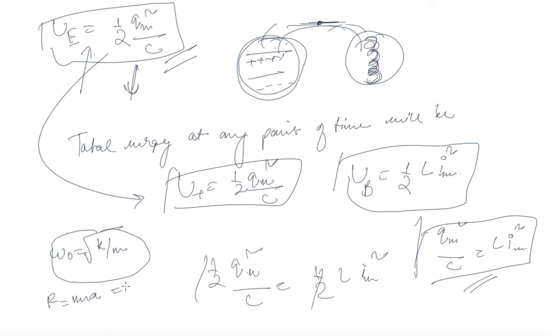This is actually equal to m dv upon dt. Now what is this equal to? dv upon dt is actually equal to m d x square upon dt square.